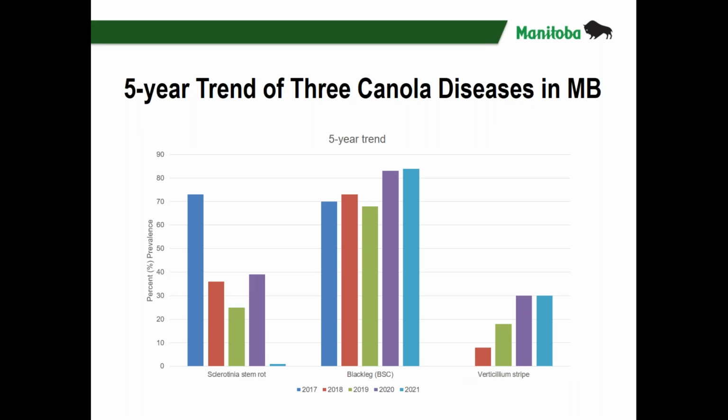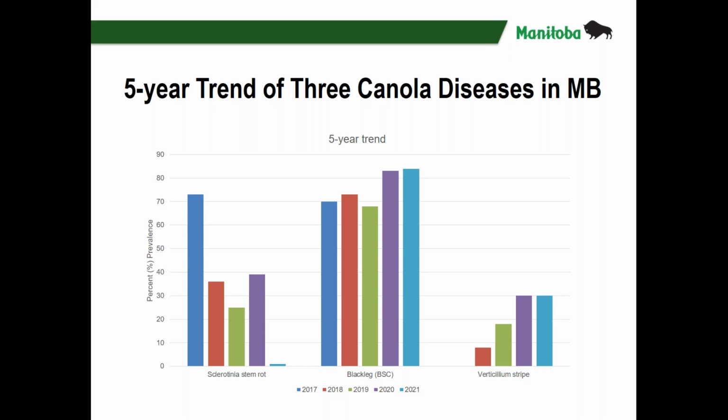And here's a 5-year trend comparison of 3 canola diseases: Sclerotinia, blackleg, and Verticillium. I haven't yet added the 2022 data, but I am going to show you in a moment what's happened with Verticillium. As I mentioned, Sclerotinia has trended downward through those dry years, and in 2021 was pretty well absent.